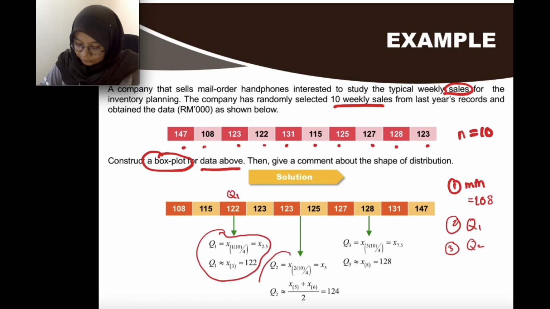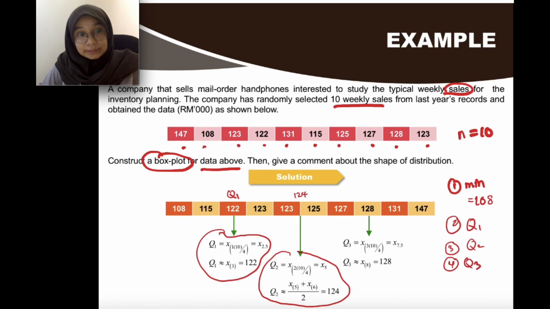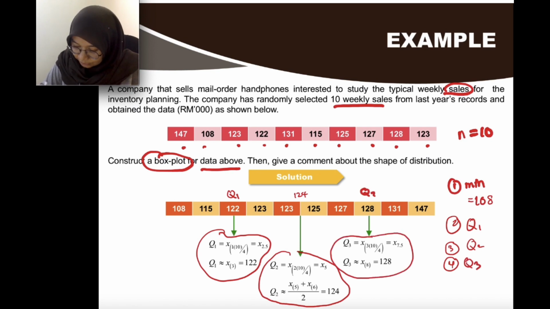So this is find Q2. Q2 here is 124. And then step number 4, find Q3. So this is how we find Q3. Q3 is 128. And step number 5, your largest data, maximum number here is 147.